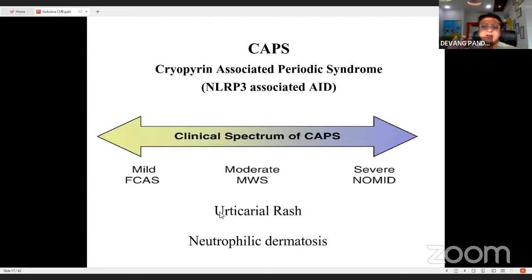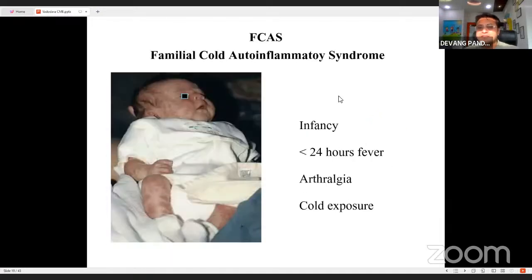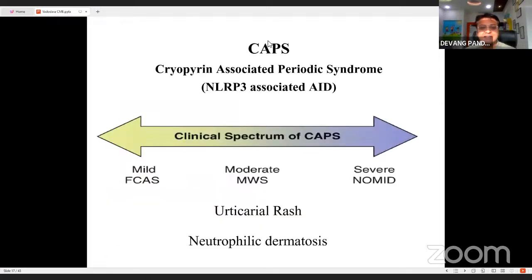So with recurrent fever and urticarial rash, if you are suspecting autoinflammation, think of CAPS. If you biopsy this lesion, you should find neutrophilic dermatosis. This is another help besides genetic diagnosis. What are the 3 diseases under CAPS?